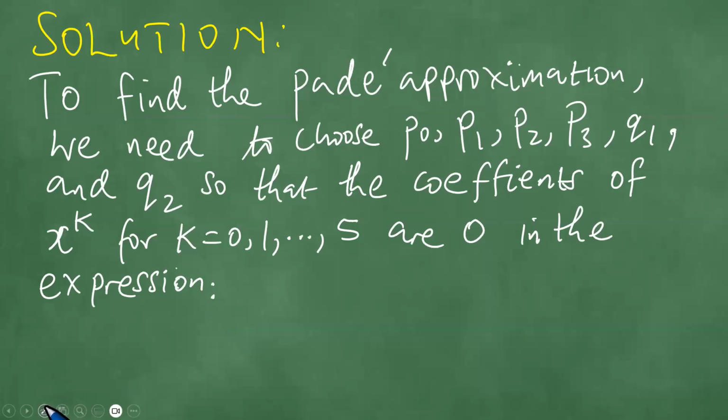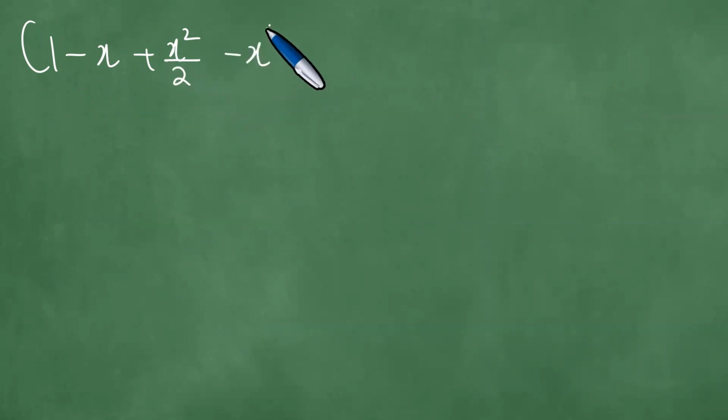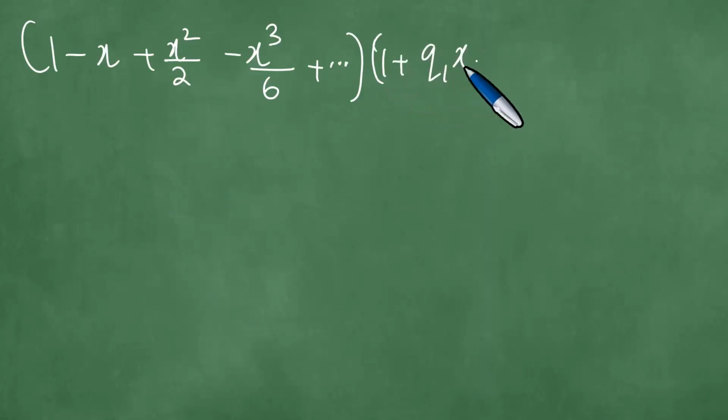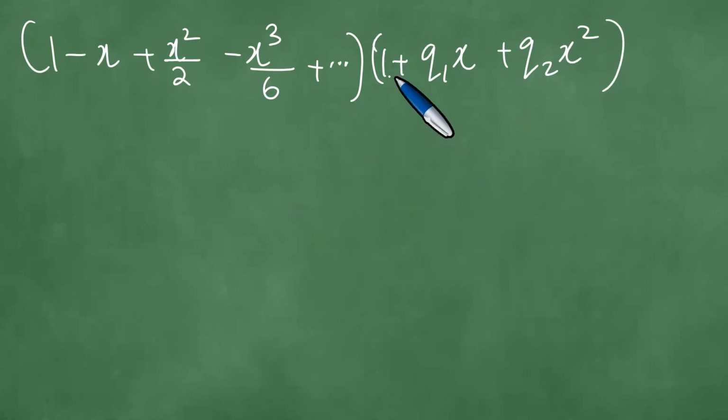There's an expression, and the expression is the following: 1 minus x plus x squared over 2 minus x cubed over 6, into 1 plus q1 x plus q2 x squared. We have said that for the q, we just take q0 to be 1, and that is what we have done here, because q is what appears in the denominator.